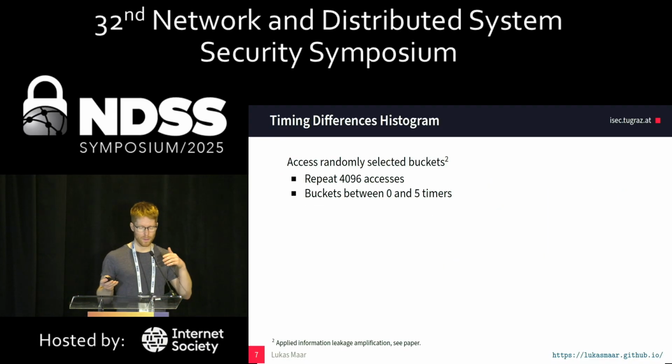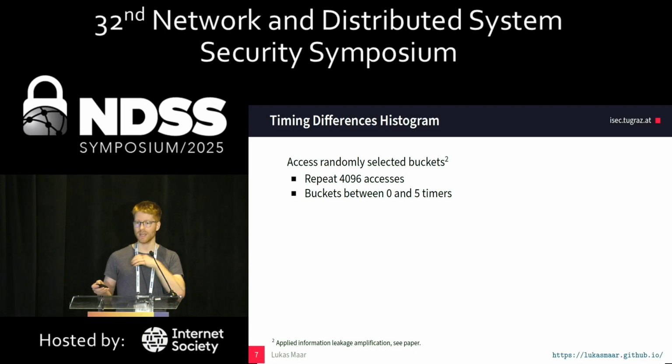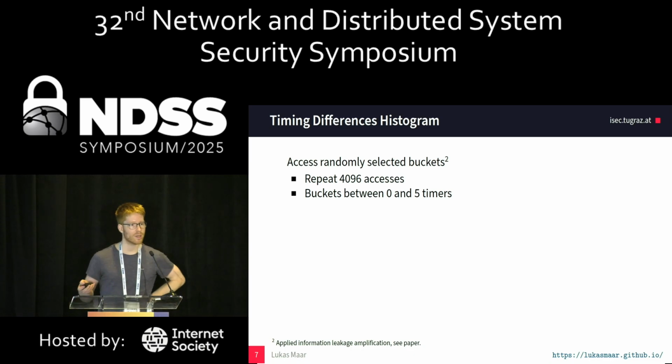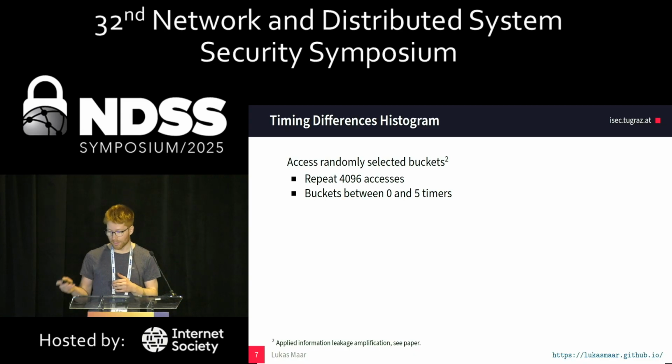Now, I showed that we can distinguish different occupancy levels of hash buckets by measuring the timing of these access primitives. What we did, we performed 4,096 random accesses of hash buckets. A hash bucket has between 0 and 5 timers.